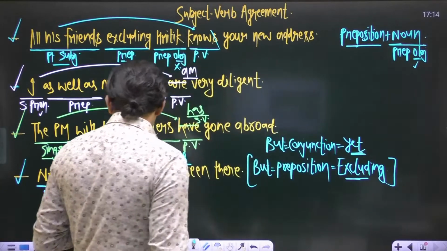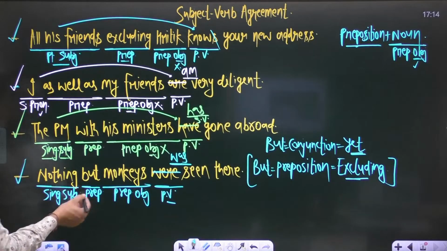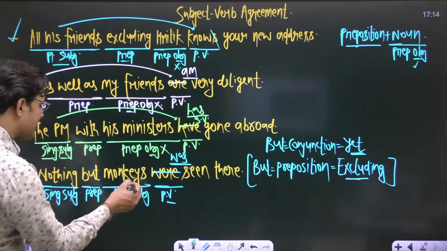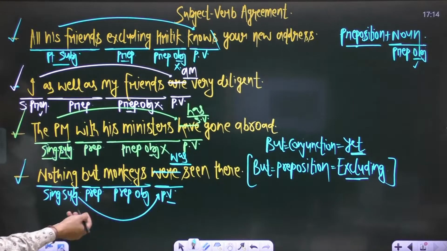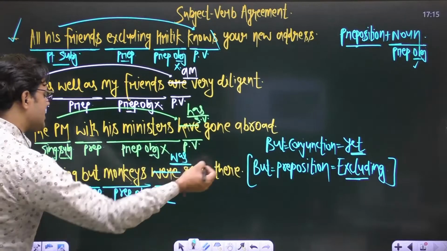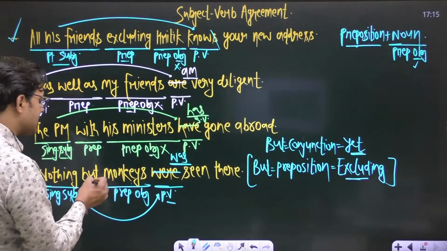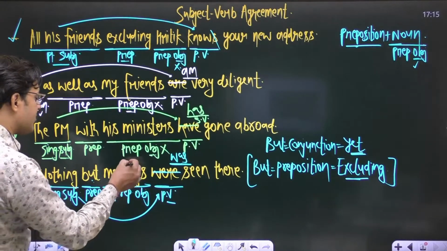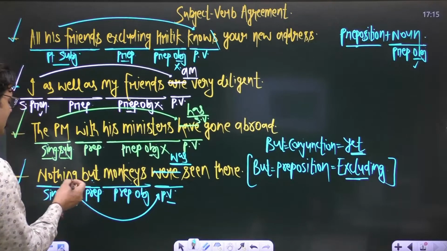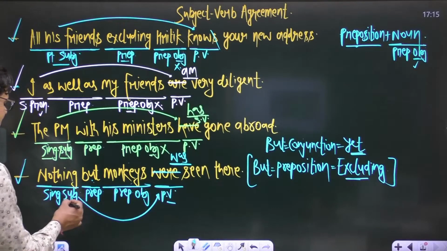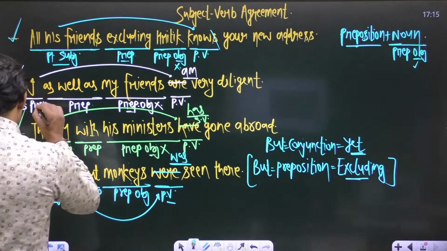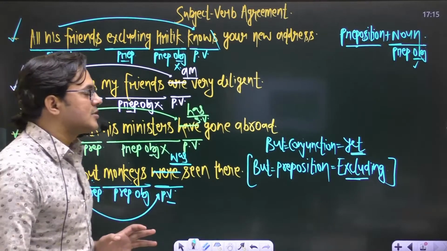But here the writer is saying nothing but monkeys, excluding monkeys. Nothing was seen there, excluding monkeys. Means we are excluding monkeys. After excluding monkeys, we are talking about nothing, and according to this singular subject, the verb will also be singular. So this one is the concept.